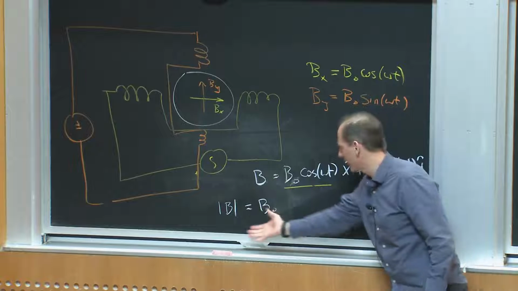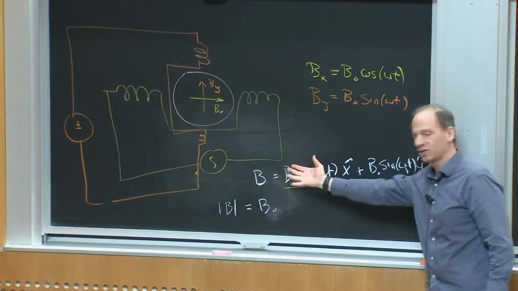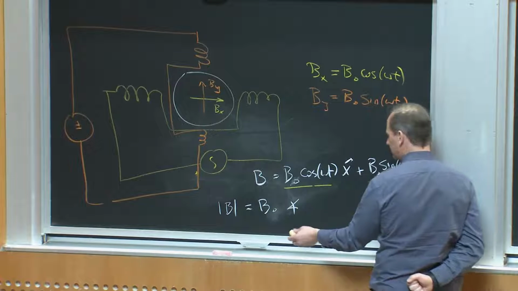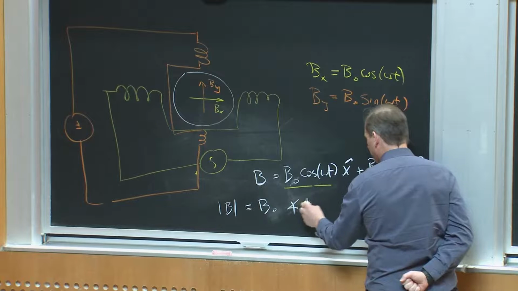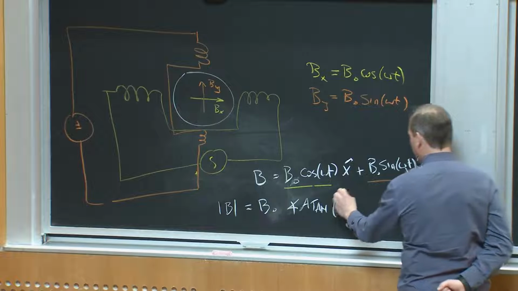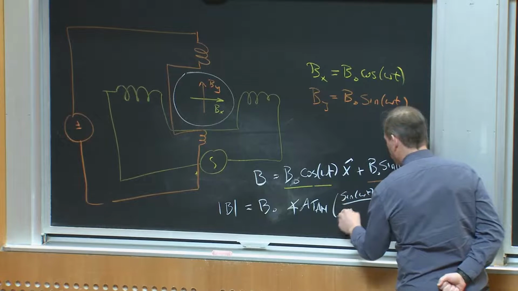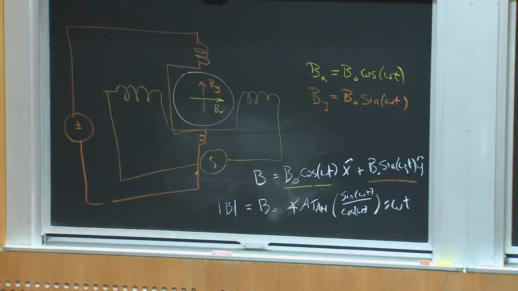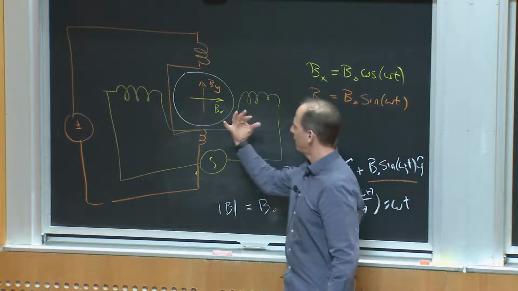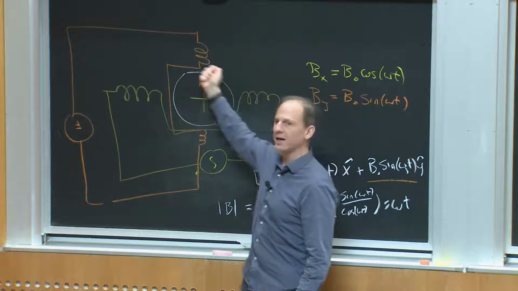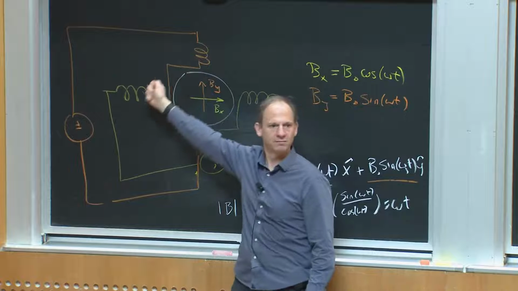So the net magnitude between x and y is just going to be B naught. And the angle in space is going to be the arctangent of sine of omega t over cosine of omega t, which is going to be equal to omega t. Okay? So what that says is if I play this game, I'm going to get a net magnetic field that has constant amplitude and rotates in space with an angular frequency omega.